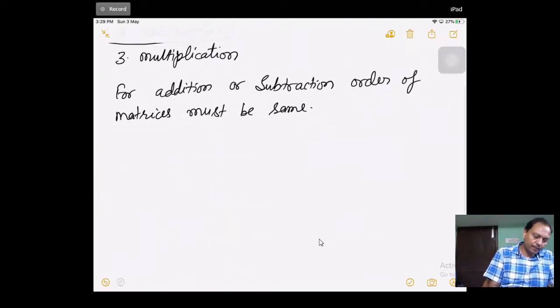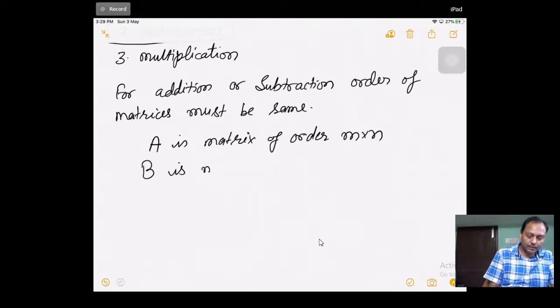Let matrix A be a matrix of order m by n, and B be another matrix of order p by q.